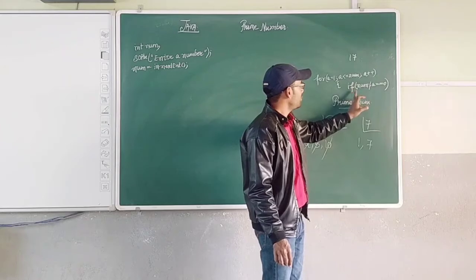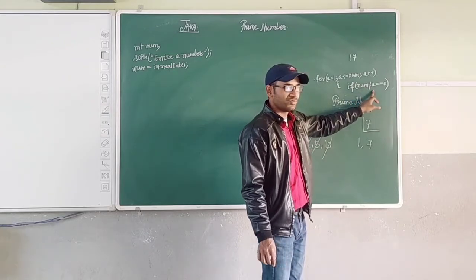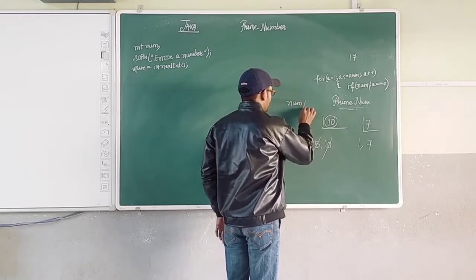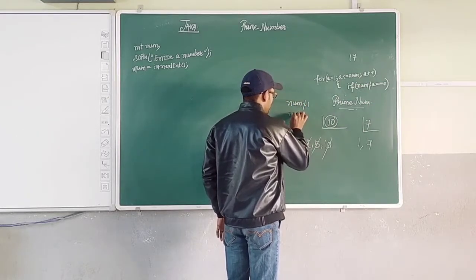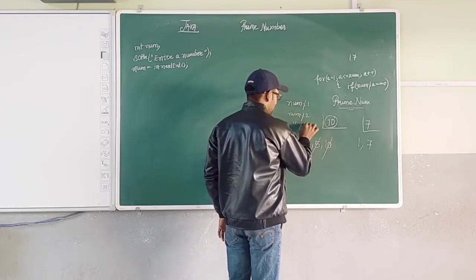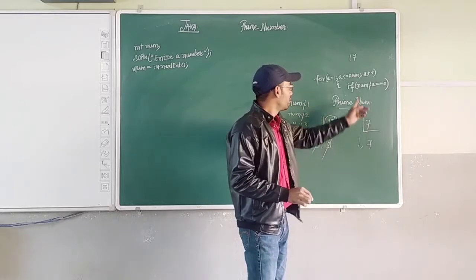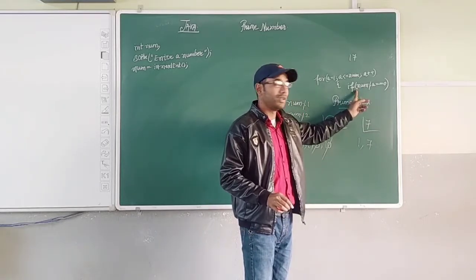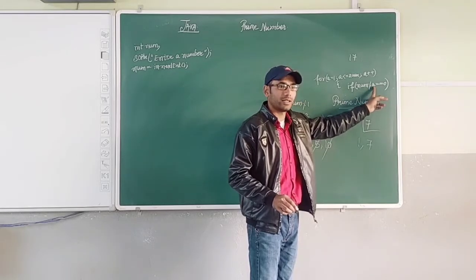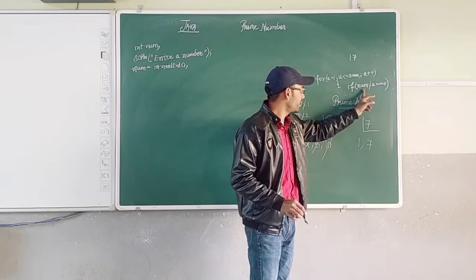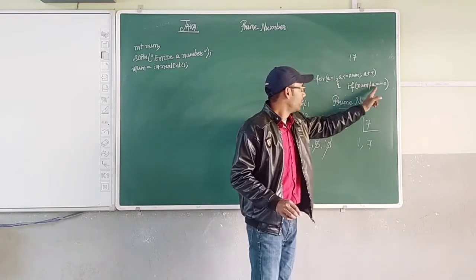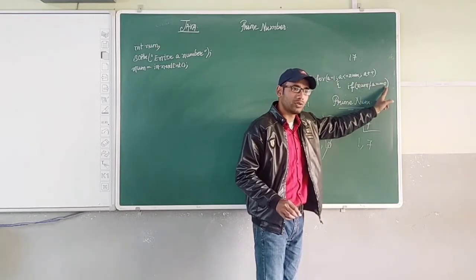If num modulus a, that means at the very beginning num modulus 1, then num modulus 2, num modulus 3. So this condition will continuously check using different values of a. At the very beginning it will check whether num is divisible by the initial value of a, that means 1. Will the answer be equal to 0?